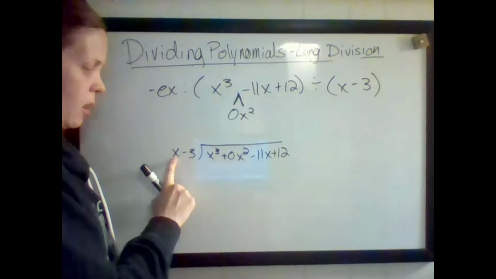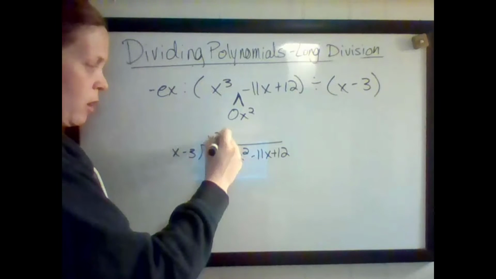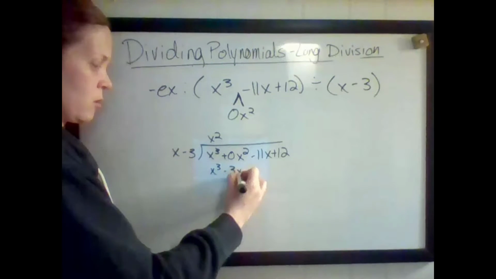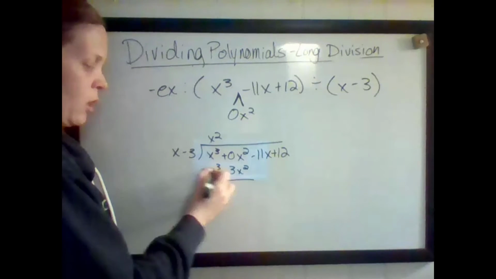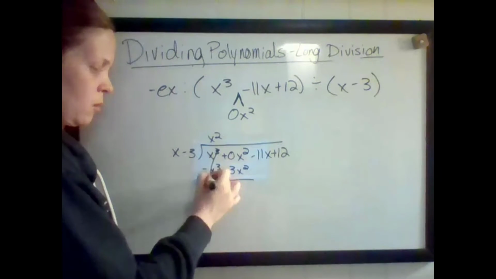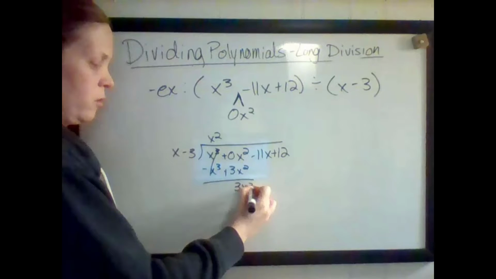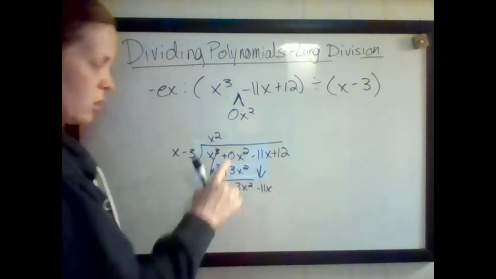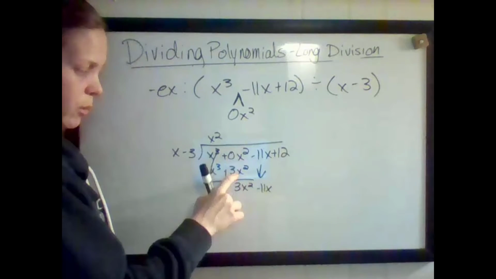Okay, so just like before, x times what? x squared is going to get me x cubed. So x cubed minus 3x squared. Subtracting, so minus plus, gone, 0 and 3, 3x squared. Bring down minus 11x. So see how if we didn't have this here, we would have had an x squared.